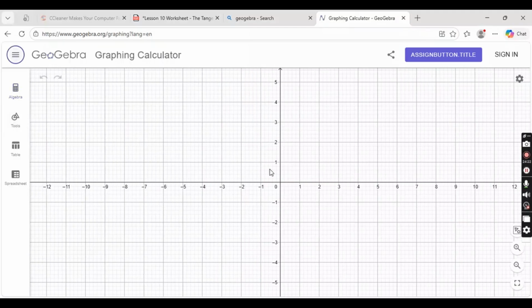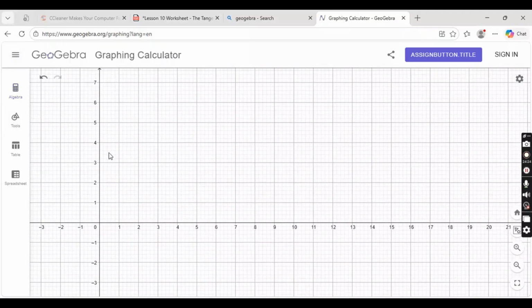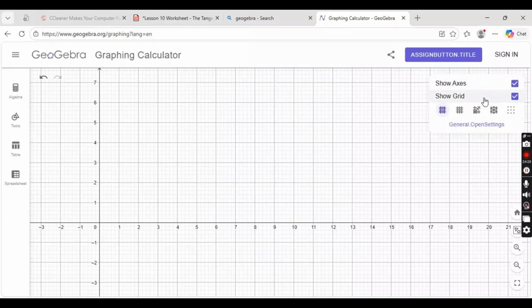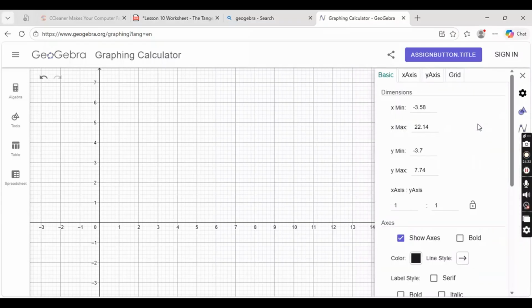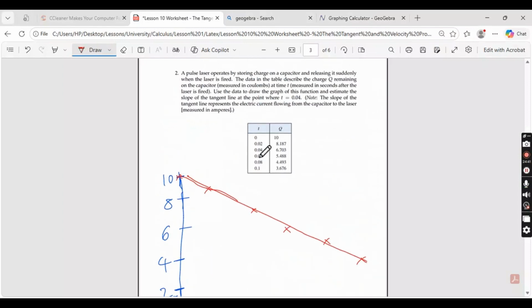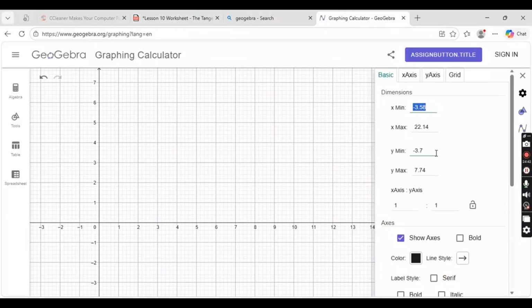Do it more accurate. So settings, show grid. Okay, so 0 to 0.1.